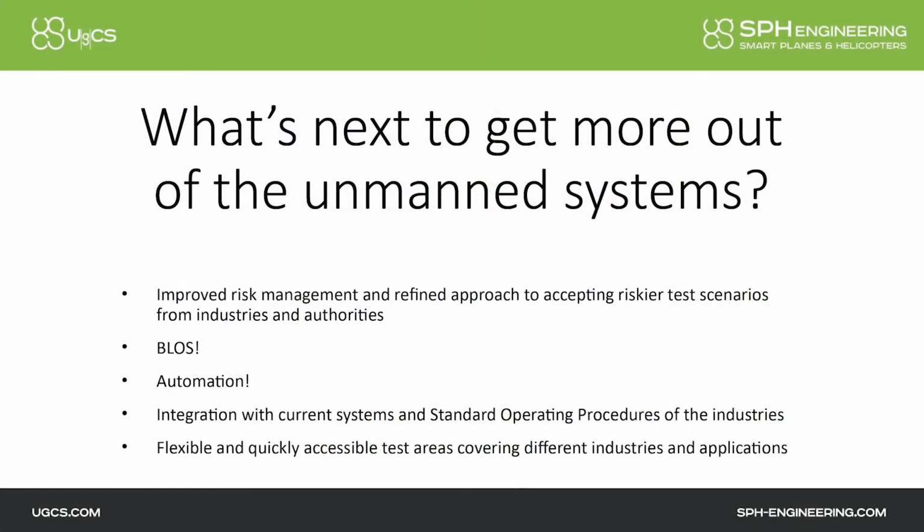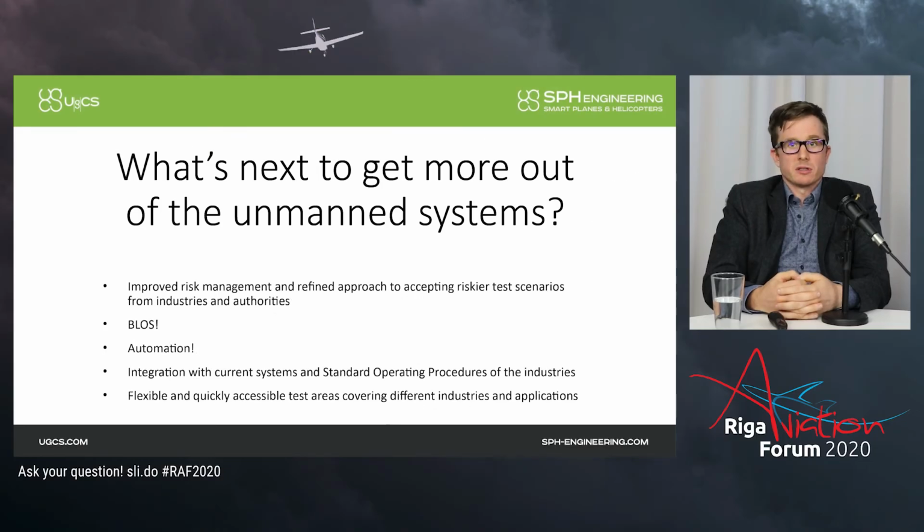So here are some points which will help to get more out of unmanned systems in future. As I said, it is very important to correctly assess the risk. So risk management procedures will describe which risks there are in each application, in each case, how they are dealt with, what the probability of those risks is and how we can mitigate them.